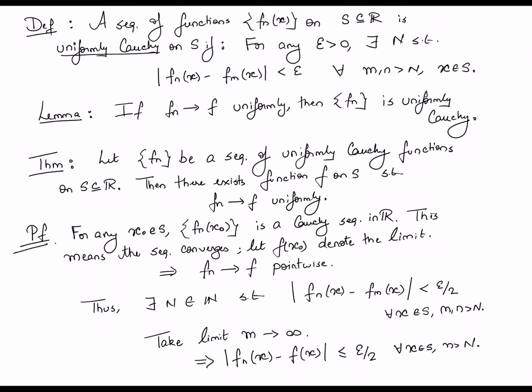And since it's upper bounded by epsilon by 2, it can of course be upper bounded by epsilon. Alright, so this in fact shows that the sequence is uniformly convergent, right? Because we have uniformly bounded the deviation between fn of x and f of x for large enough n. Okay, so this is all it takes to show that uniformly Cauchy implies uniformly convergent.